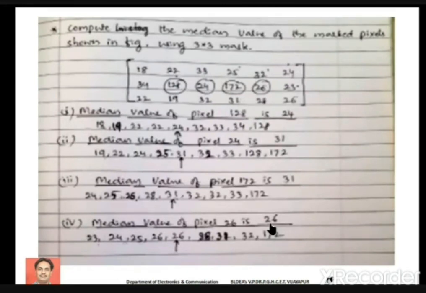Similarly, in the min filter, we replace each pixel by the minimum value of the neighborhood, and in the midpoint filter, we take the average of max and min values of the neighborhood, and that average value is assigned to the location f of x comma y. And also we discussed how to get the response of the median filter.